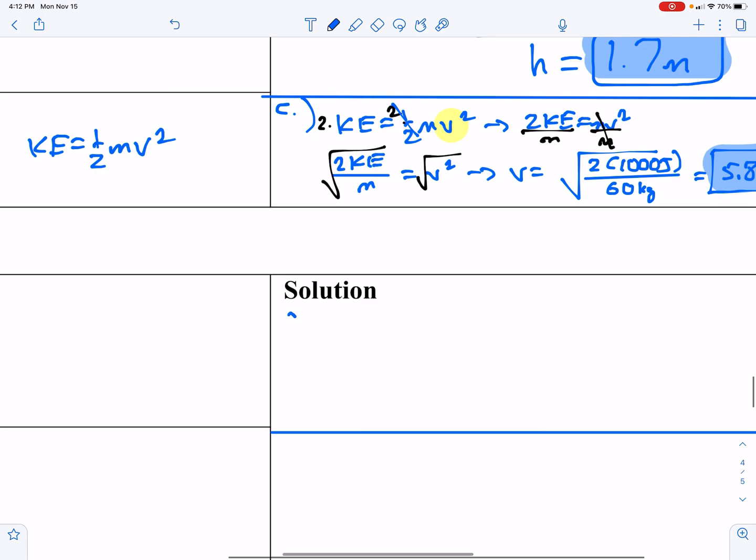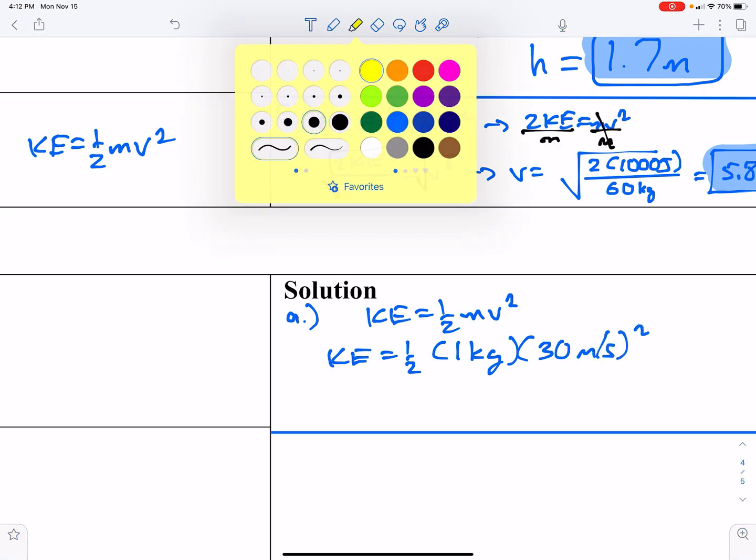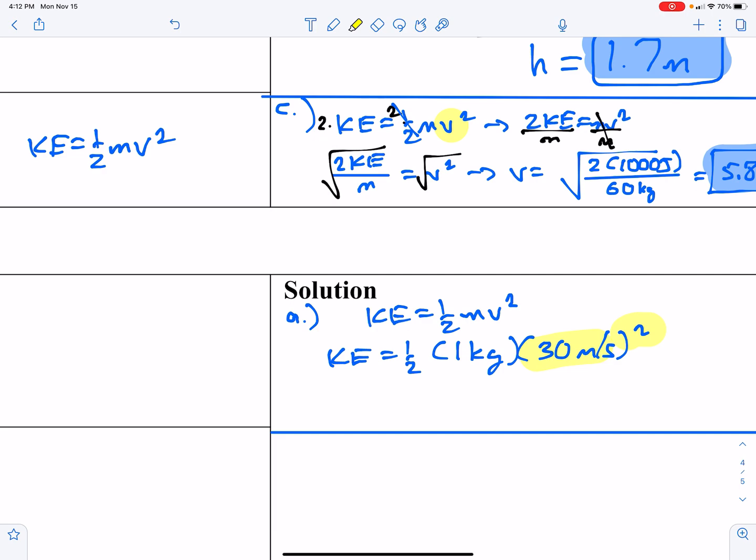And for part A, we're going to start with our kinetic energy equation, 1/2 mv squared, and plug into that. We have 1/2 times the mass of 1 kilogram times the speed of 30 meters per second squared. Start with your speed and square it.